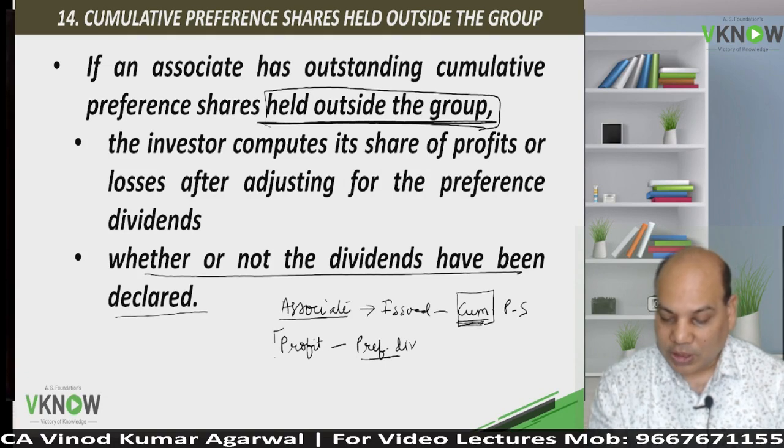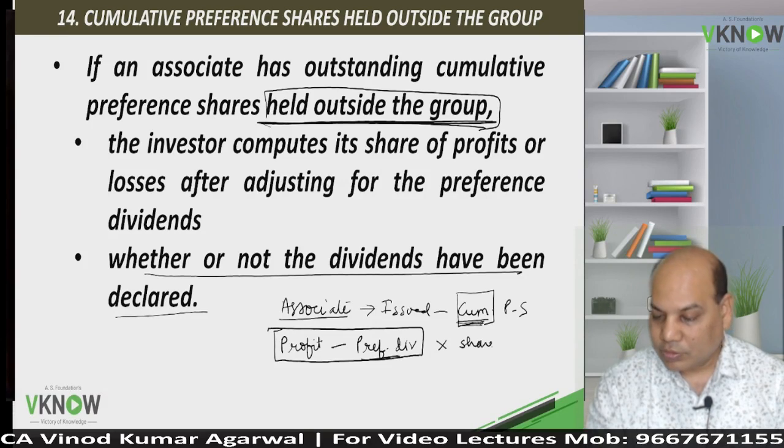So first you will make this adjustment and then multiply by share in associate percentage.